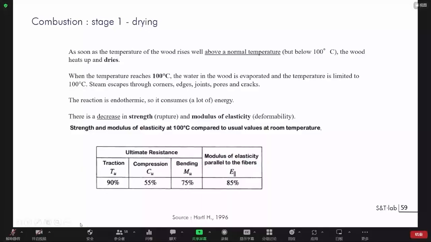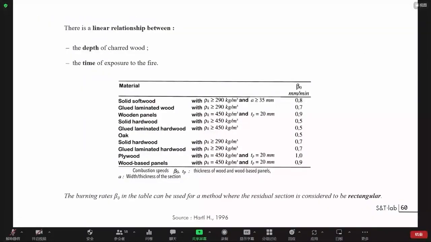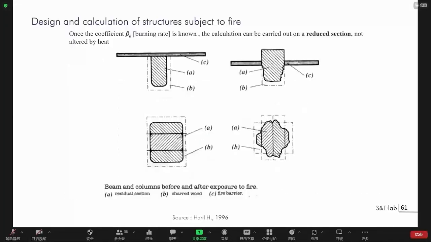But you see that indeed, as soon as timber dries, it also loses a part of its properties, in traction only 10%, but compression is suffering more from this loss of water in timber. So I mentioned this speed of progression of the limit of the cold zone around burning timber.